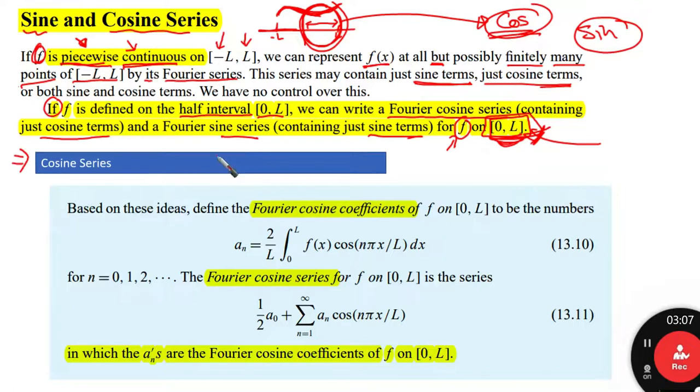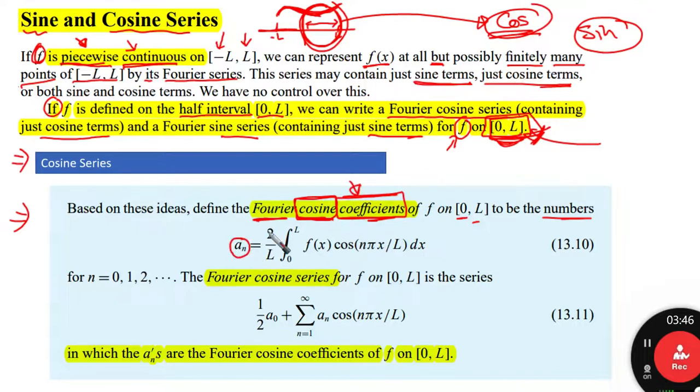Now let's start with how we can obtain only cosine terms for a piecewise continuous function on the interval from 0 to L. Based on what we have discussed, we can define the Fourier cosine coefficients, and we are talking about cosine, not sine, of the interval from 0 to L, to be numbers.